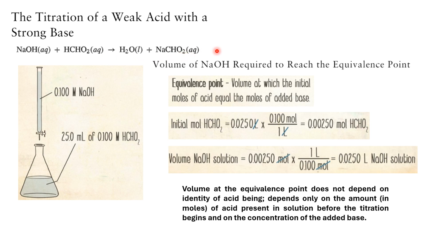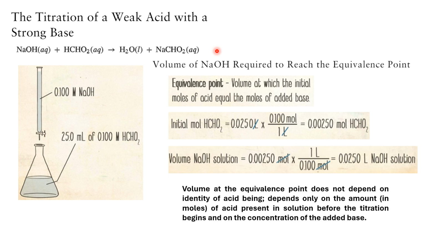So what's the first step in determining the equivalence point? Again, the first step is figuring out the amount of moles of weak acid that you have. And then once you have the moles of weak acid, knowing the mole-to-mole relationship between your weak acid and your strong base, if it's a one-to-one relationship, it's really easy, because you need as many moles of strong base as you have moles of weak acid to neutralize it.